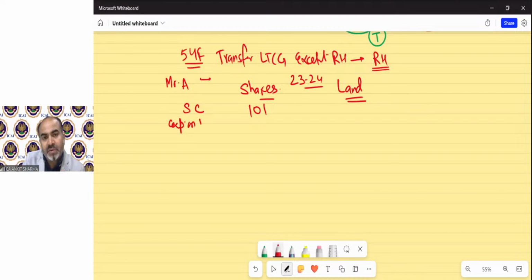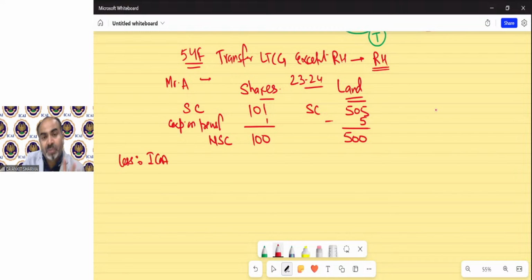Expense on transfer 1 lakh. So net sale consideration is 100 lakh. Now the sale consideration of land, suppose 505 lakh. Expense on transfer is 5 and the net sale consideration is 500. Both are long-term capital assets. Less indexed cost of acquisition. Suppose this is 70 lakh. This is 450 lakh. So we have long-term capital gain.